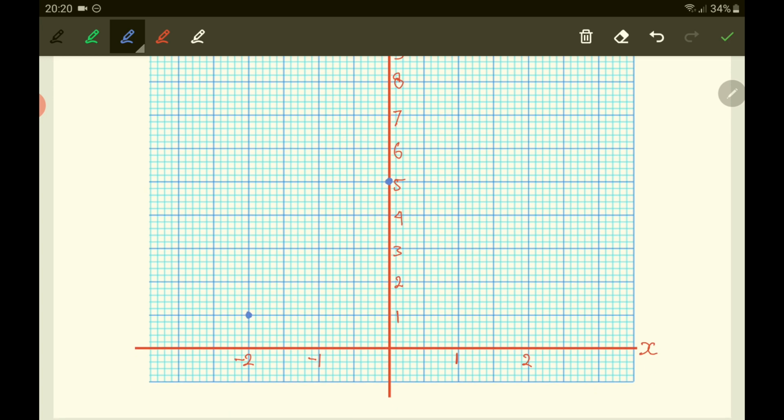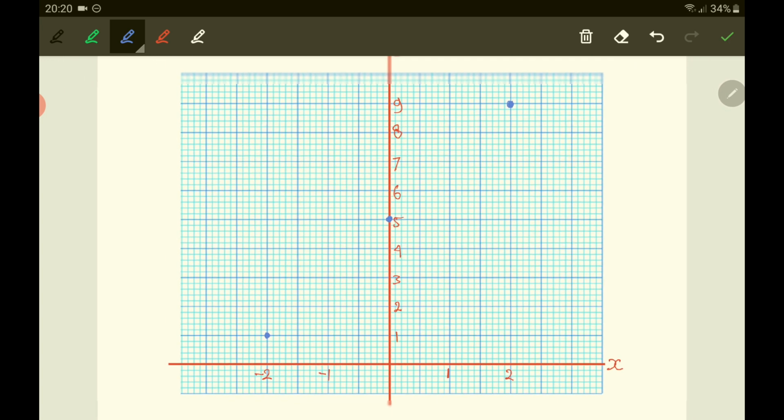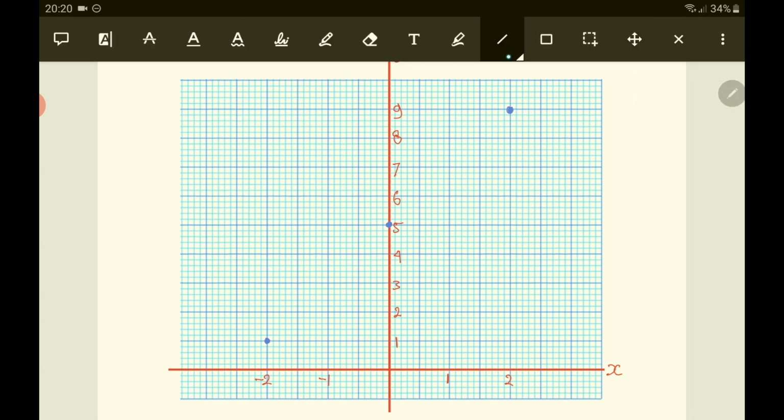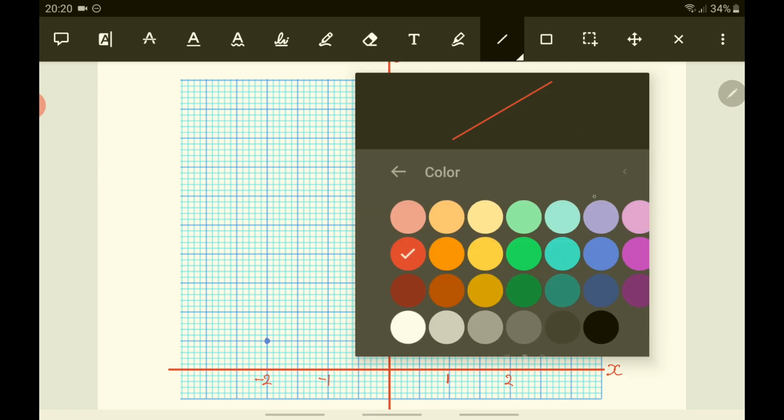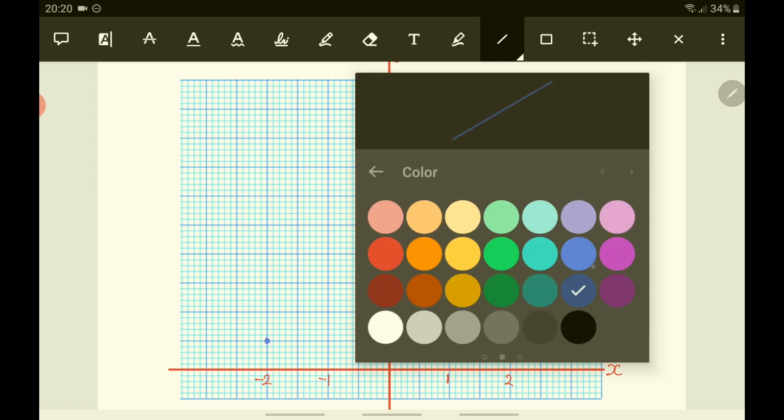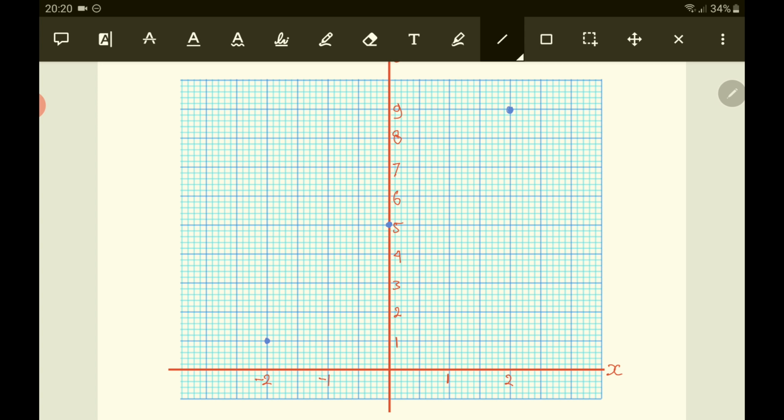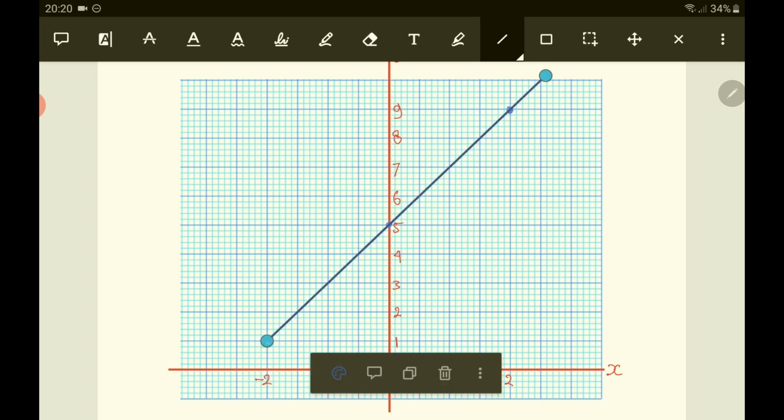After we got the 3 points, we just need to connect the dots. So I want to draw a line here, using the blue color. I want to draw from here to there, and make it straight.